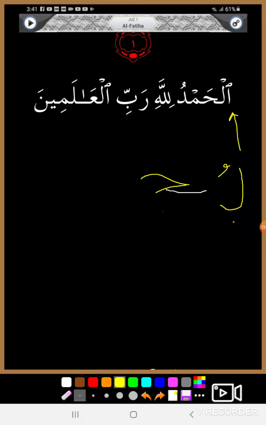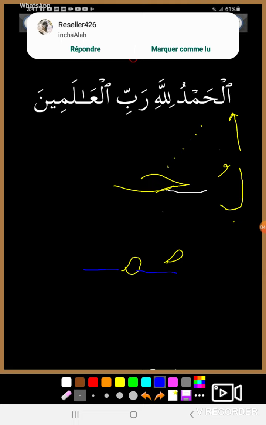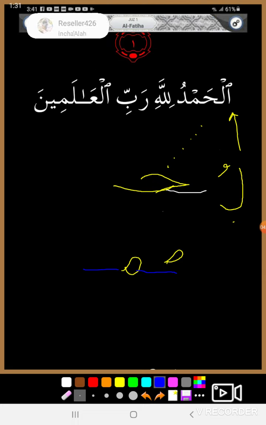It will be like this to connect to the next letter, which is what we have right here. And after that, we have the meme. We learned how it's written like this, or something like that. If it is connected, some other letters will be right here and then right here to connect. It's the one before and the one after.